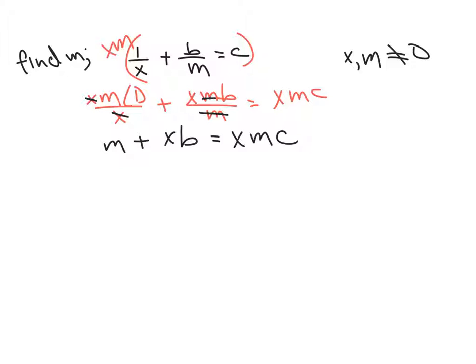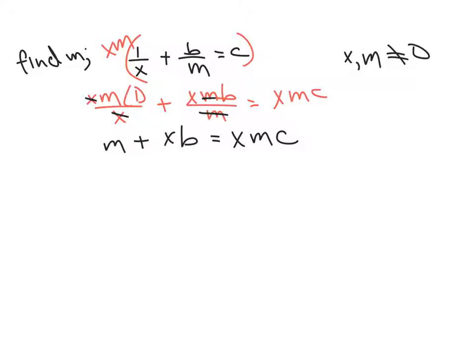Now the next step is to get rid of everything on one side that is not an m. So we're just trying to get the m's together. But I have an m over here, so really I've got an m on both sides. I've got to get all the m's on one side and everything else on the other.